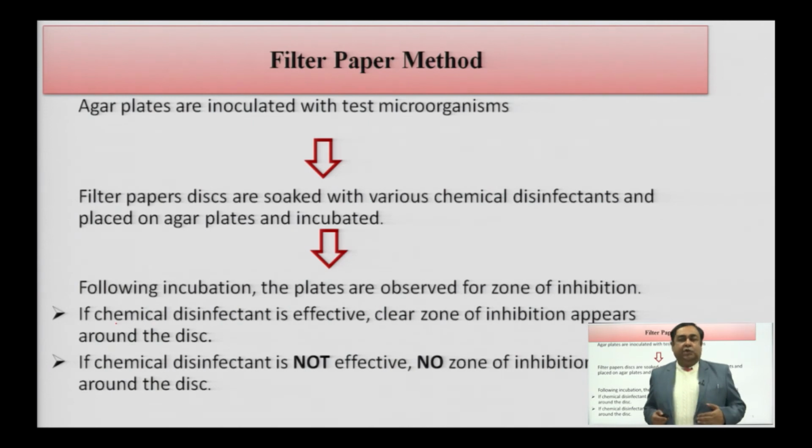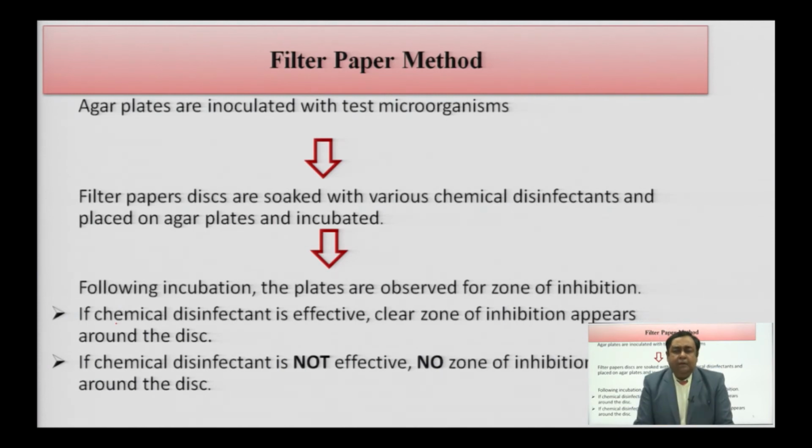In certain situations there will be a zone of inhibition, in certain situations there will be no zone of inhibition. If the chemical substance does not have any inhibitory capacity, obviously there will be no zone of inhibition, because the microorganism was not inhibited. That is the reason why there was no zone of inhibition.